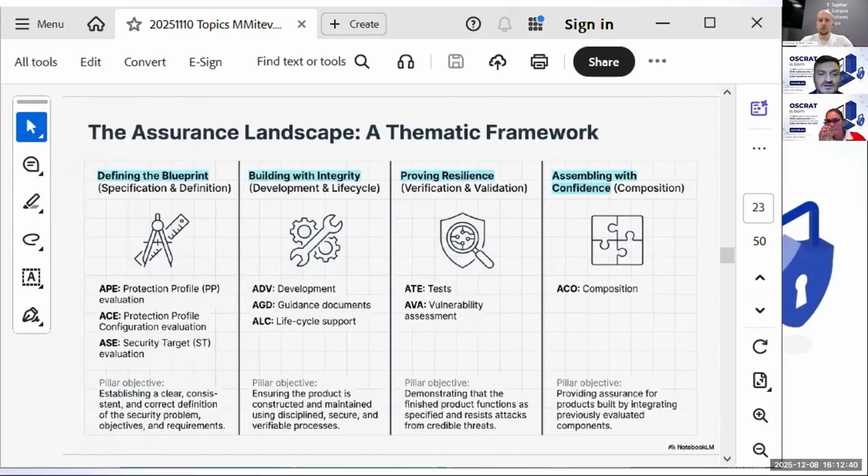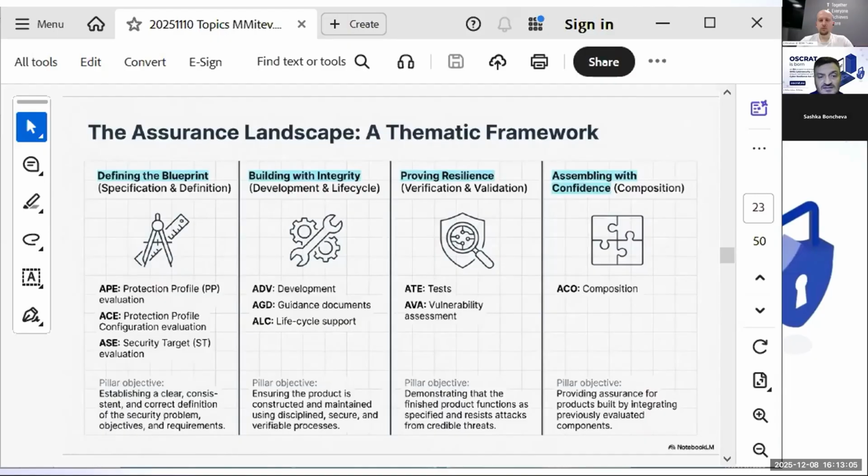This includes the development evidence, user guidance, and lifecycle support. Here we prove that the product was created using secure and repeatable processes.